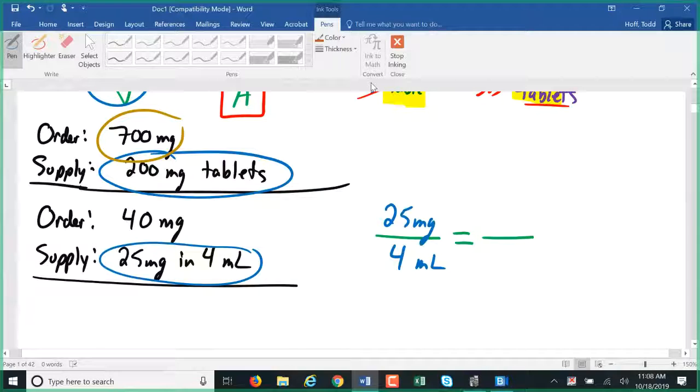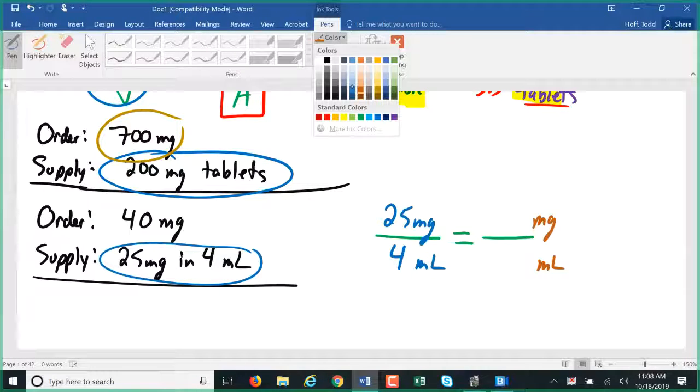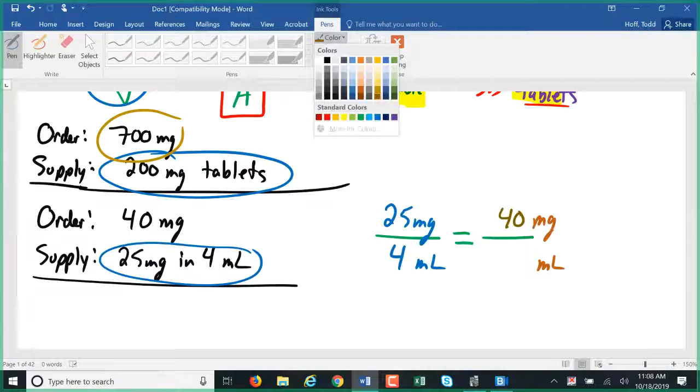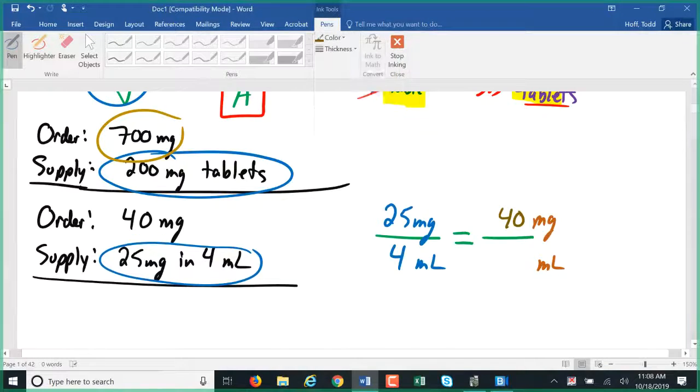So we know right now that on the other side, this has to be milligrams, and this is going to have to be milliliters. The doctor's order was for 40 milligrams, so it goes here. Once again, we cross multiply and divide: 4 times 40 is 160, divided by 25 is 6.4 milliliters. We had the same result as before, just a slightly different way of setting it up.